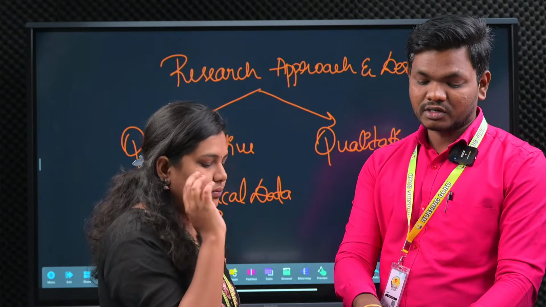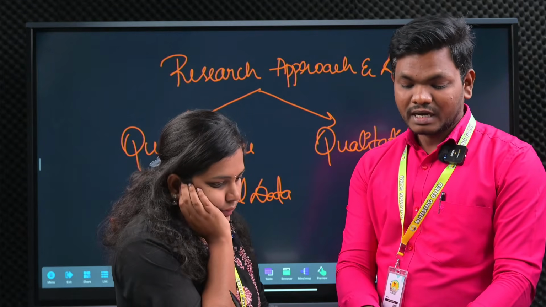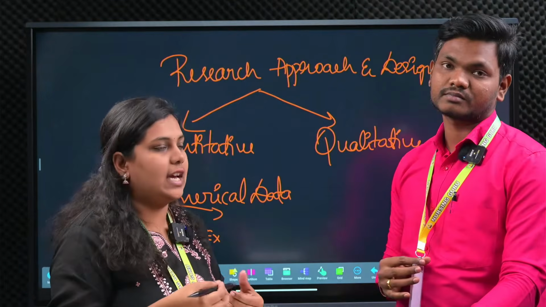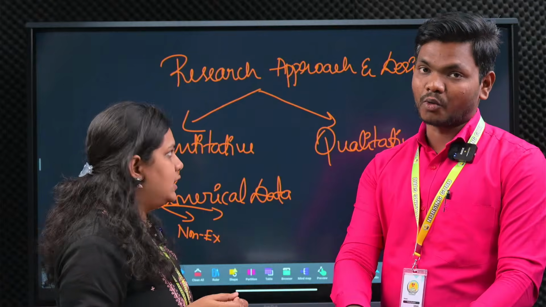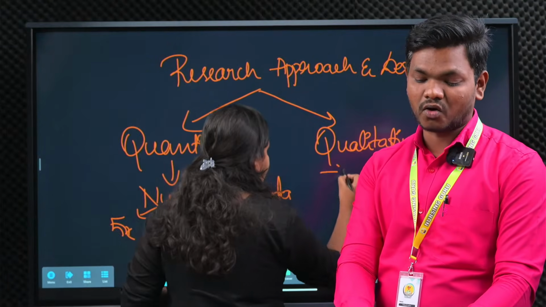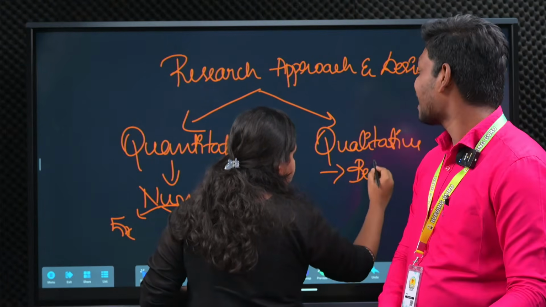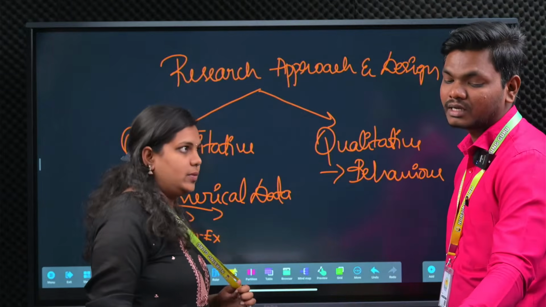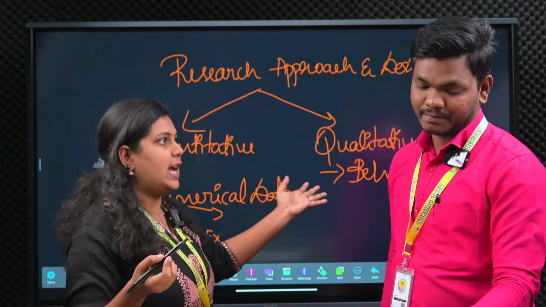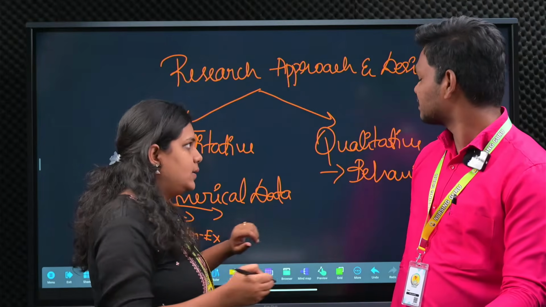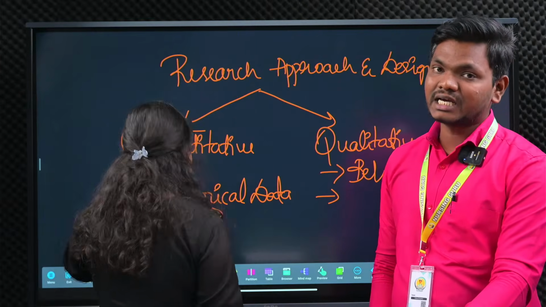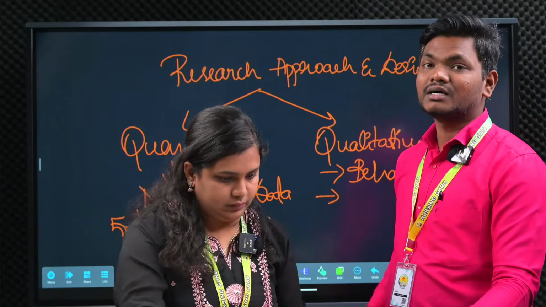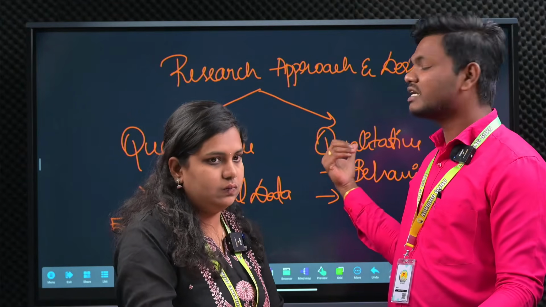When you're talking about qualitative research, it is exploring experiences, behavior, and characteristics. We will be dealing with opinions and behaviors. It is non-numerical data, like behavior, attitude, or knowledge. It provides an in-depth understanding of the phenomena, so the studies go in depth.